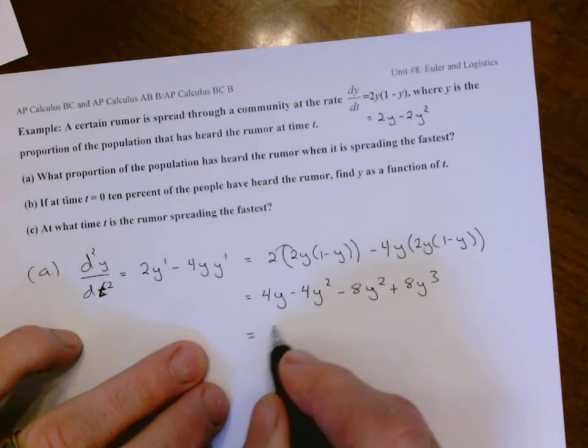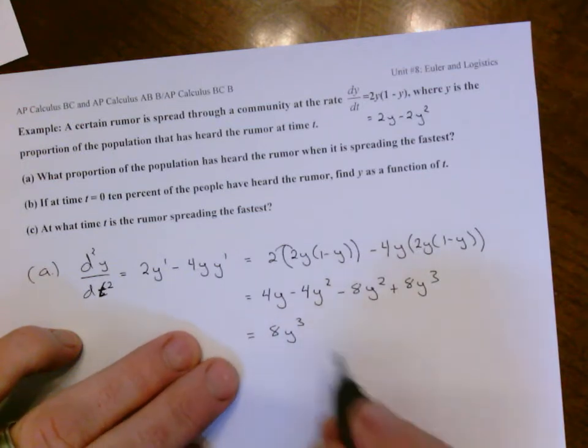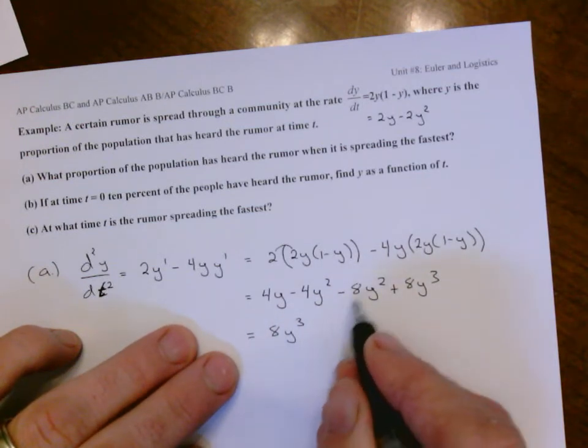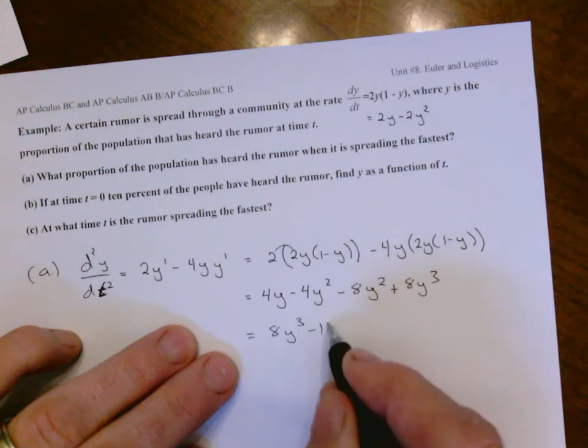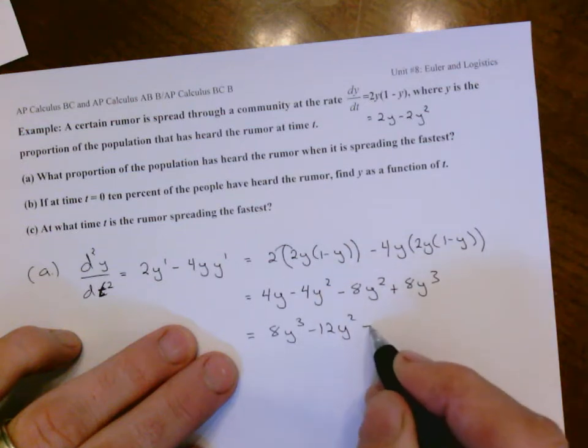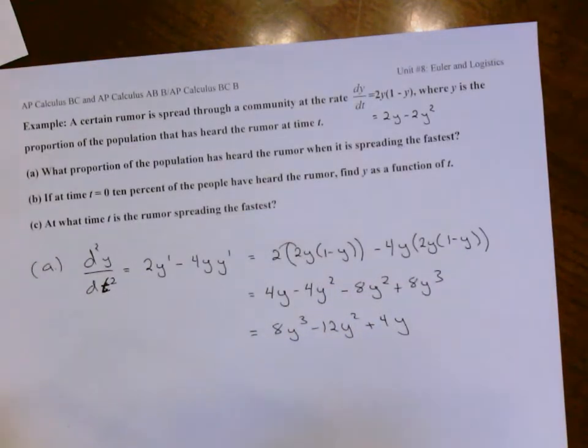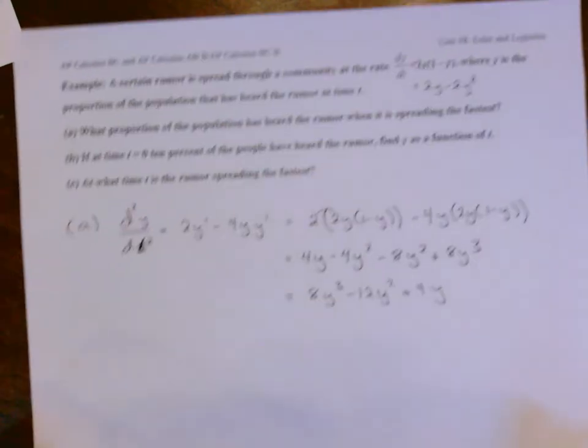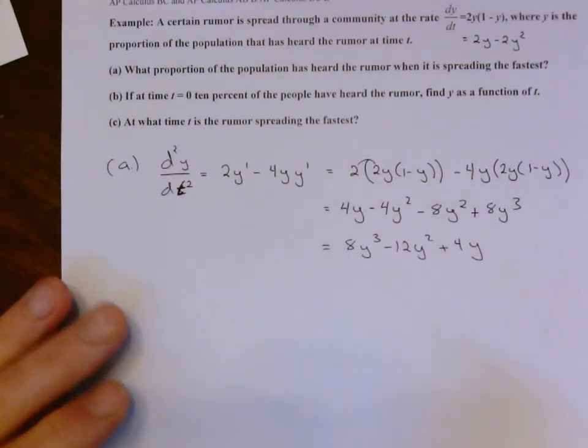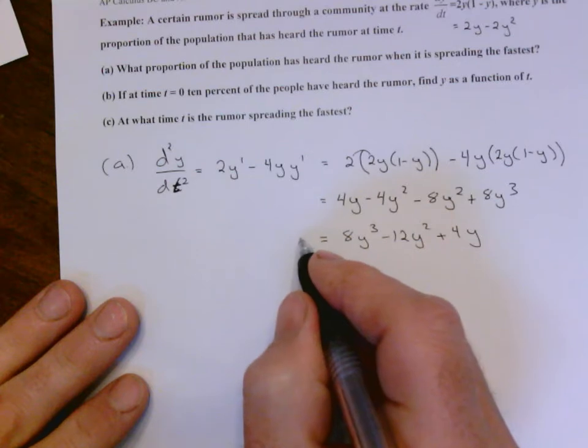So this is 8y cubed minus 12y squared plus 4y. Okay, now I want to know where that's going to be the fastest, so I got to set it equal to 0, and I have to solve.